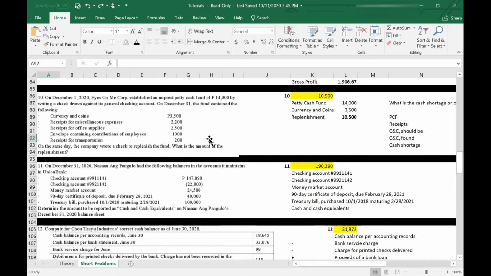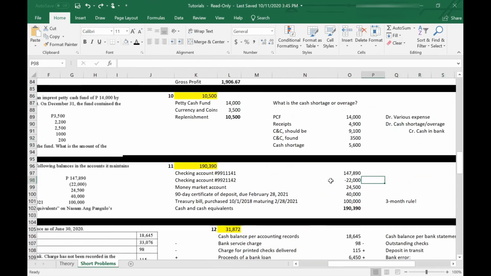Number 11, the question is, determine the amount to be reported as cash and cash equivalents in the December 31, 2020 balance sheet. So let's just run through the different accounts. If you have your checking account, 147,890, but then you have a negative balance in another checking account.